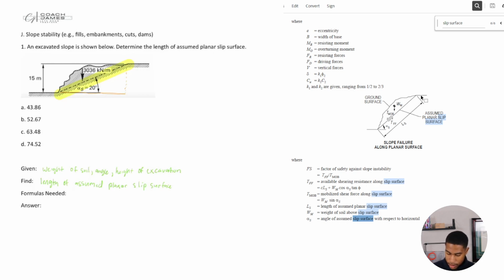So if I say the sine of 20 degrees should equal the opposite over hypotenuse, right? So the opposite is 15 over the hypotenuse, which is the length of the slip surface.